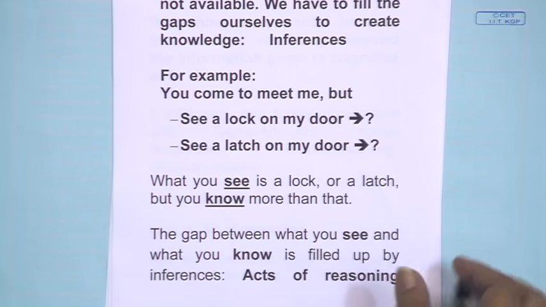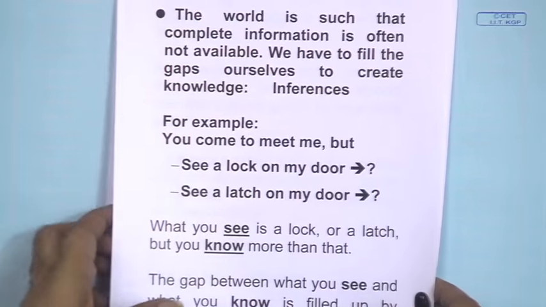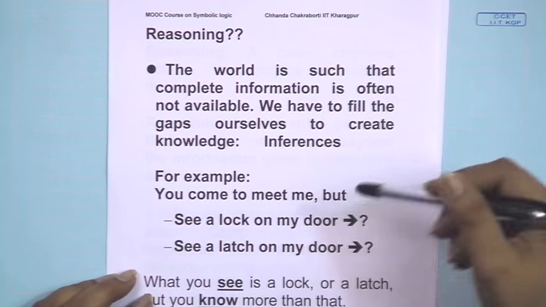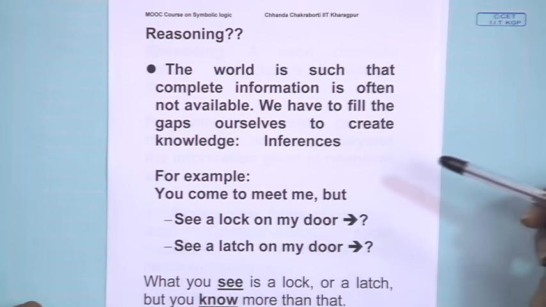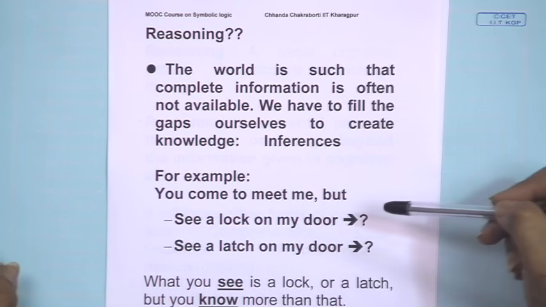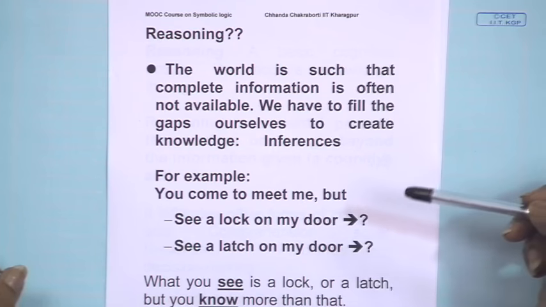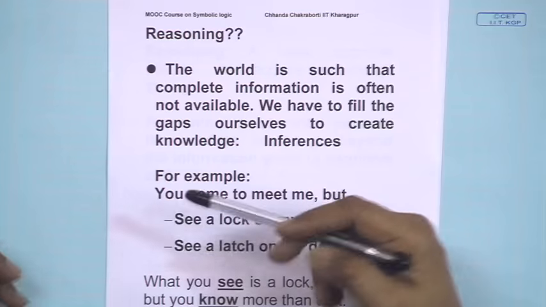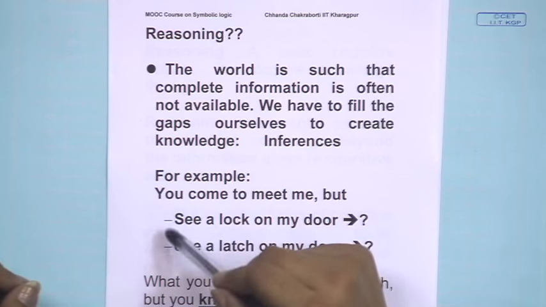We have used the word reasoning, but I am yet to come to a clearer definition of it. So, let us see what reasoning is. We learn in many different ways. We learn through our senses. We have 5 senses: the eyes, the ears, the skin, and so on. But there is also another way to learn or gather knowledge, and that is reasoning.